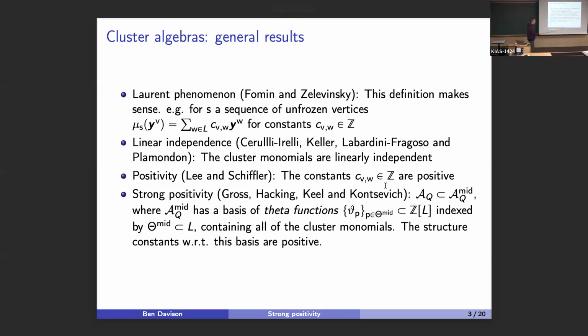So like I say, you can get the last statement, the positivity statement of Lee and Schiffler, out of this, but this is a stronger statement. It's saying not just that the actual terms in the algebra, not just that the natural basis of this algebra have positive coefficients, but also when I multiply them together and re-express what I get in terms of the basis, the structure constants for my algebra, these also are positive.